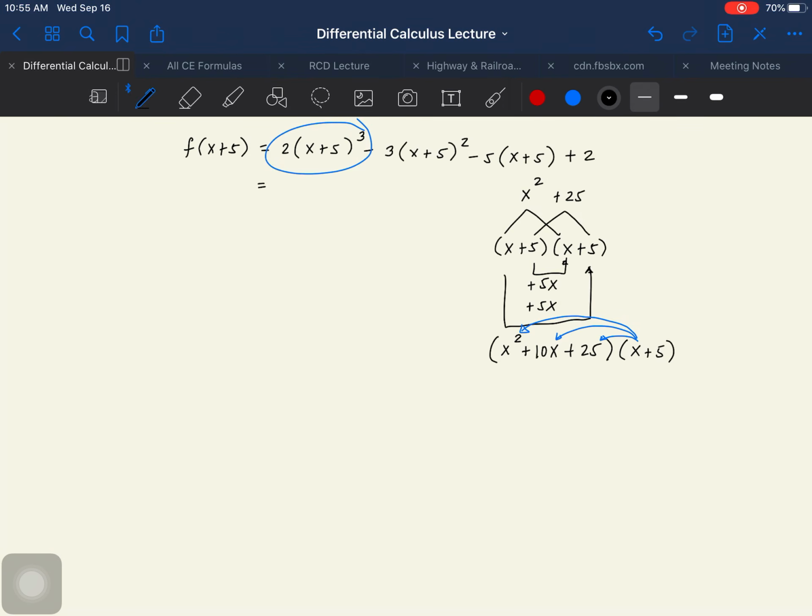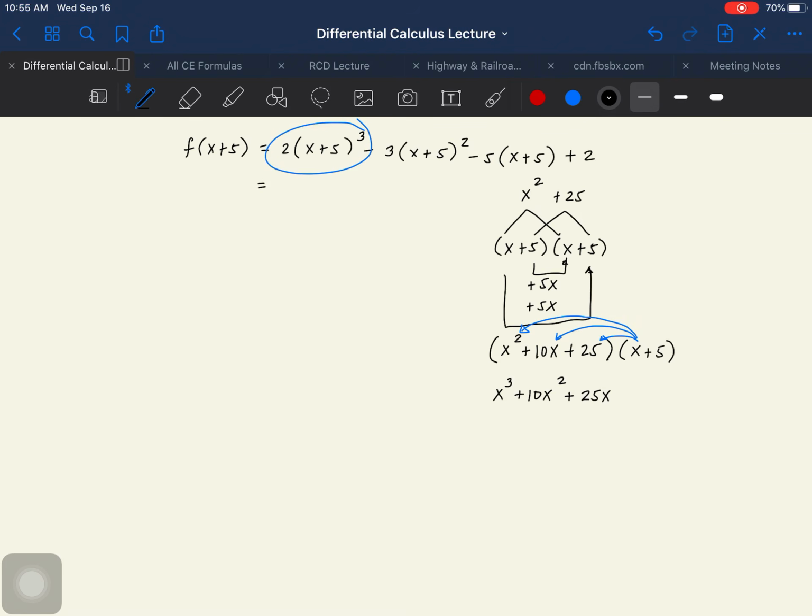So that becomes x times x squared. That becomes x cubed. X times 10x. That becomes 10x squared. Then we have x times 25. That becomes 25x.